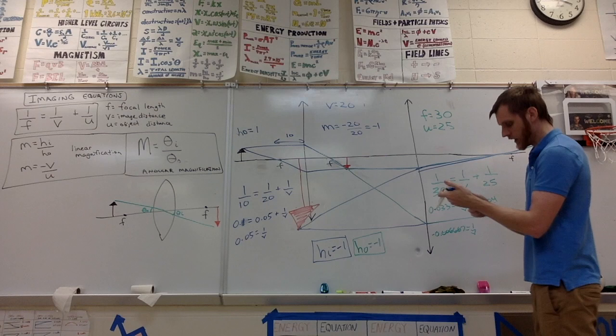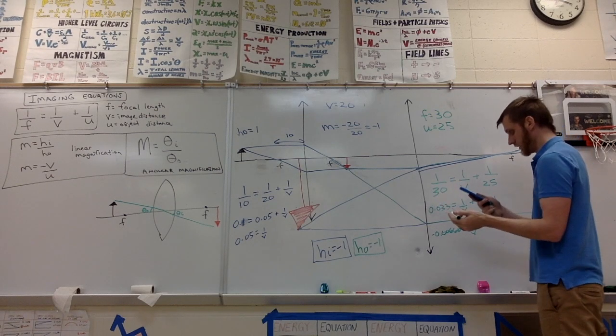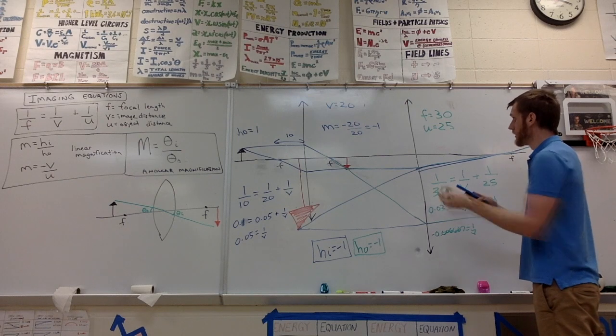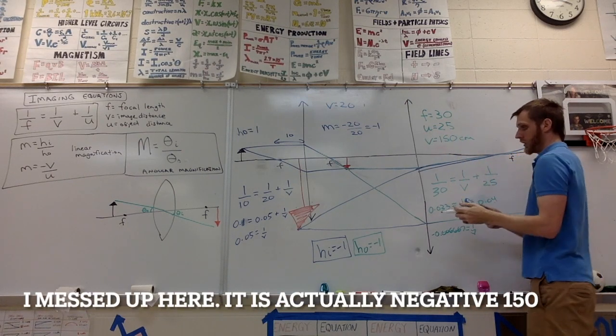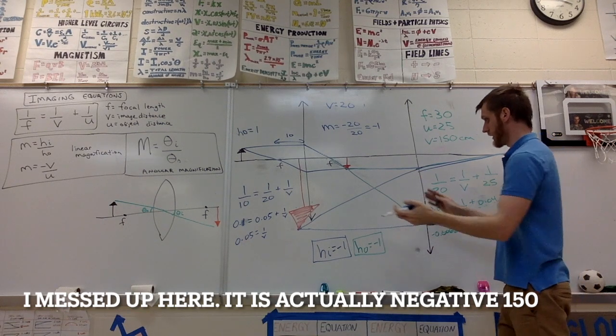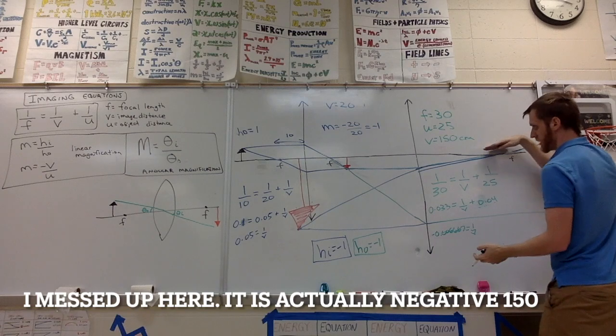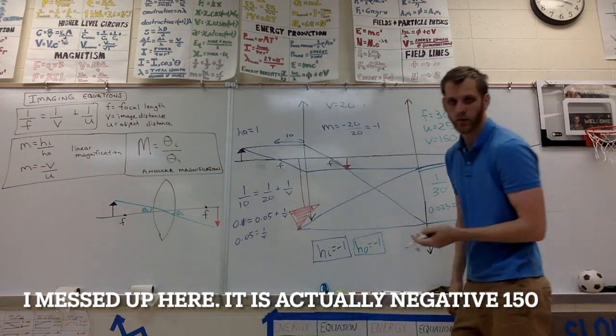Multiply by v, and then divide by 1 divided by that. So 150. Oh, so v is 150 centimeters. So actually, my scale is not even close. These lines would have traced way back to over there, 150.